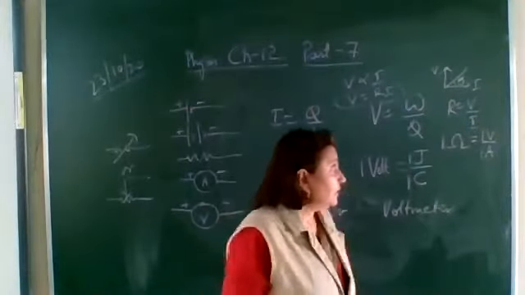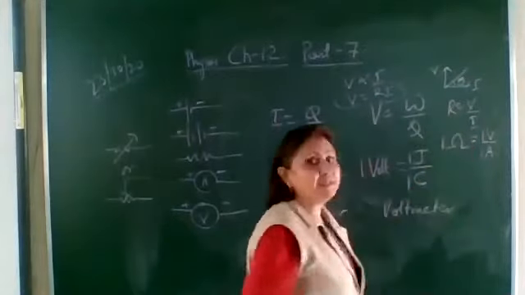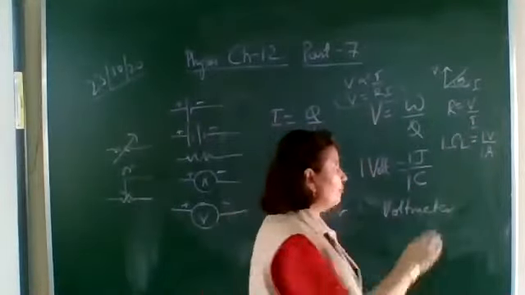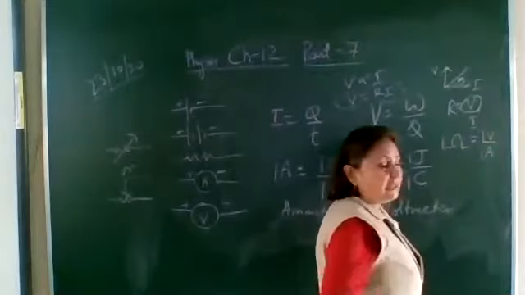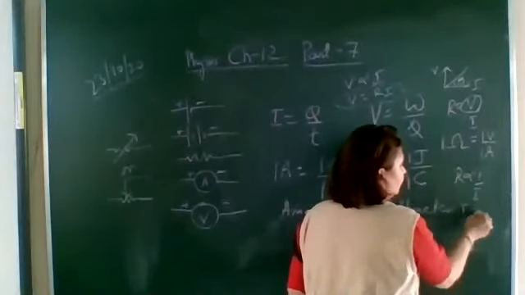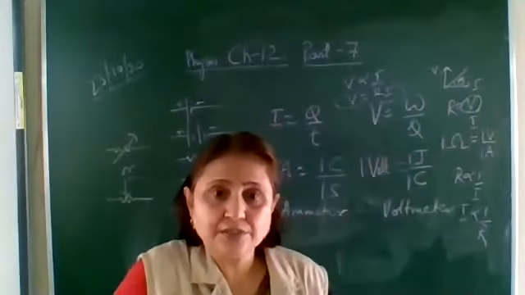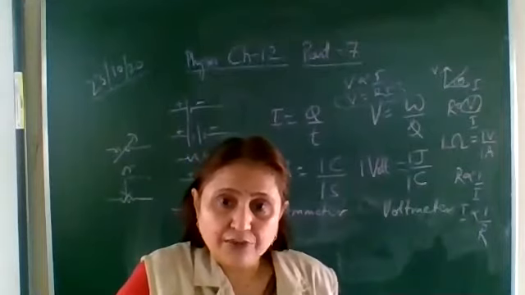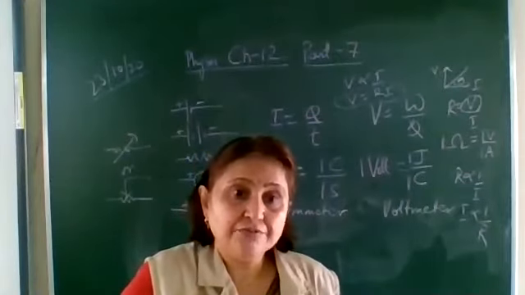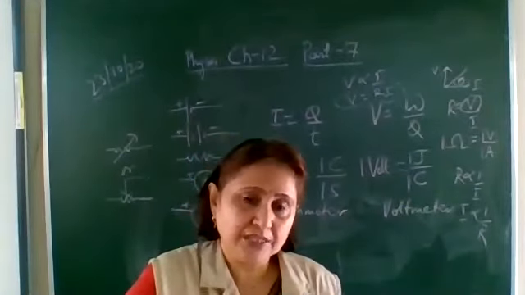Then, if the potential difference is constant, suppose the voltage source is kept constant, then resistance is inversely proportional to the current, or you may say the current is inversely proportional to the resistance. If the voltage source is constant, we can change the current in the circuit by changing the resistance.